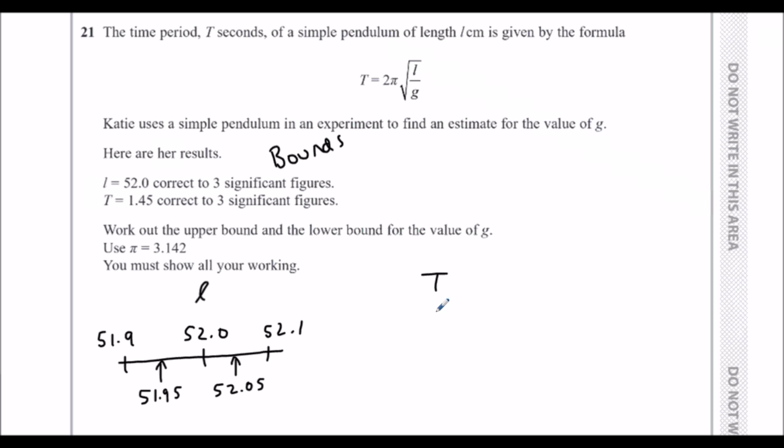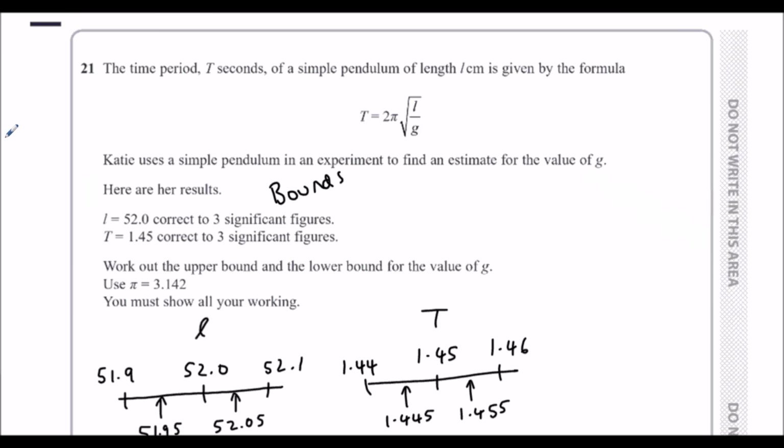For T, we've got 1.45. The one up is 1.46. The one down is 1.44. So lower bound 1.445 and upper bound 1.455. We're going to have to rearrange it before we can substitute in.